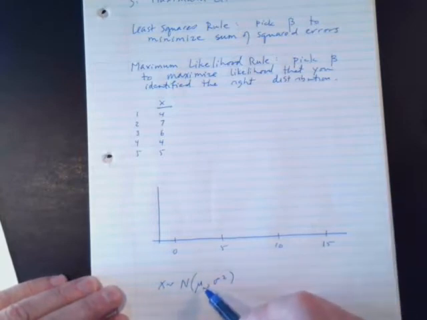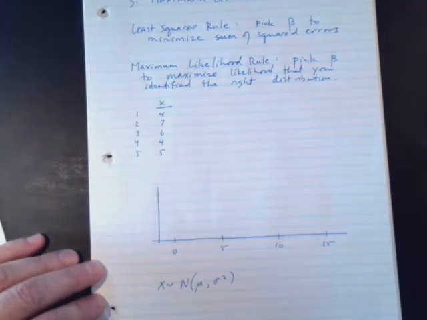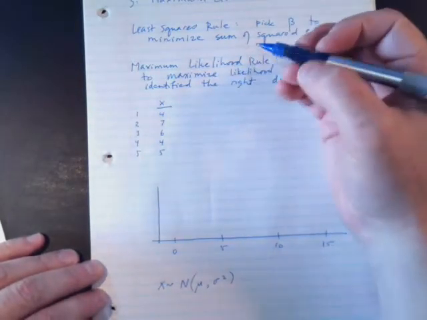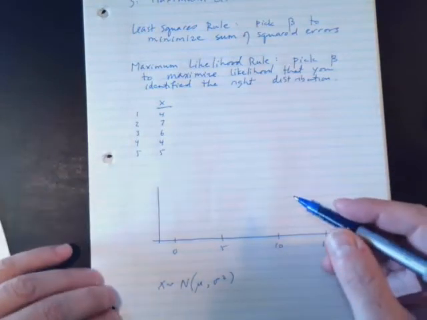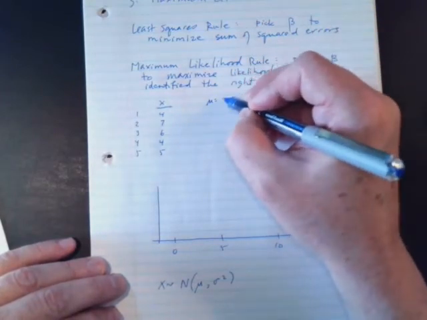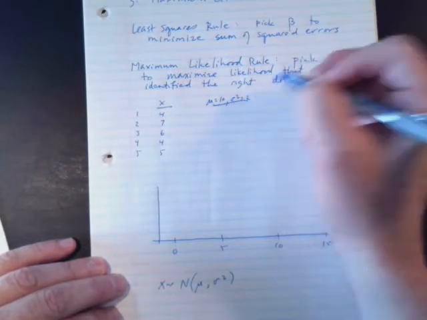And what we need to do is guess which values of mu and sigma squared would give us a distribution that if we took 5 draws from that distribution, we might get numbers like this. So you can pick any values of mu and sigma squared that you like. So let's start with mu equals 10 and sigma squared equals 2.